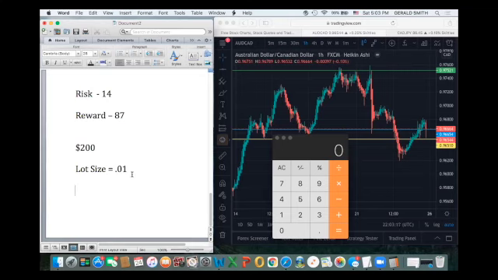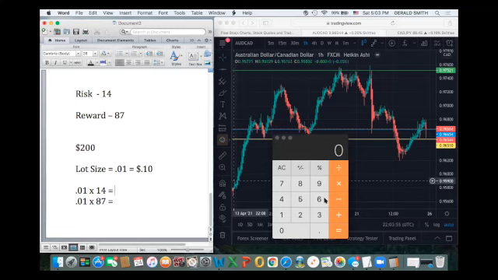As we know, once you put this number into MetaTrader 4, it would equal 10 cents a pip. So you multiply 0.01 times the number of pips you will lose, and multiply it by the number of pips you gain.